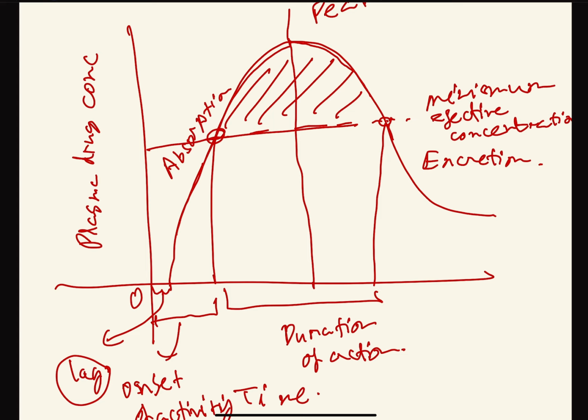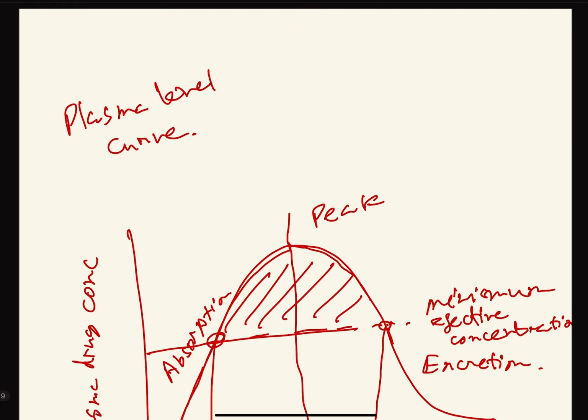This is the duration of action of the drug. In this period, the drug gives its biological effect on our body, and after that we can see the excretion. So this is the plasma level curve of the drug. That's all for today. Thanks a lot.